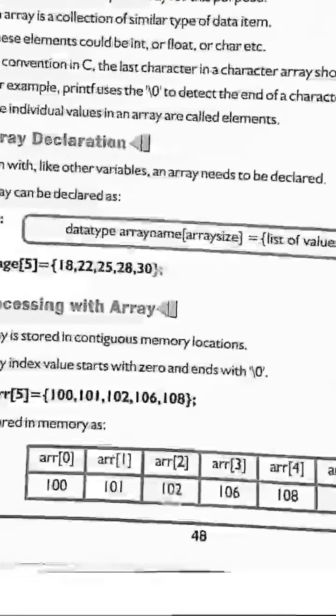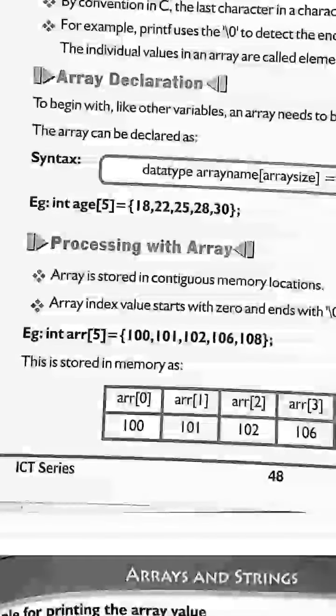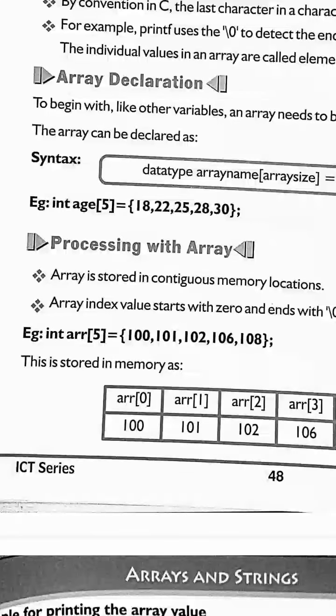Now we'll see how this array is processed inside the C language. An array is stored in continuous, contiguous memory locations. In normal programming, when you are not using an array, you'll be using normal variables. So 5 different variables will be created, and each variable will be stored in a different location in the memory.